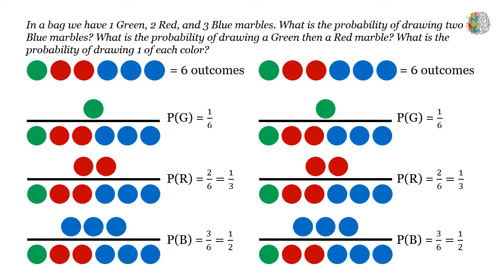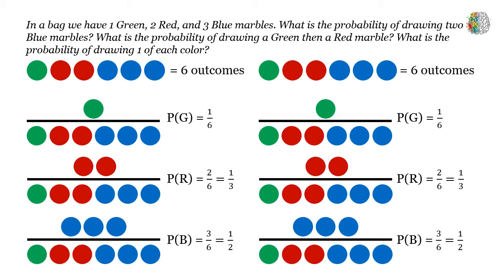And then, like we saw in the prior tutorial, the probability of an event is going to be the number of possible outcomes divided by the total number of possible outcomes. So my probability for drawing a green out of the bag is going to be 1/6.